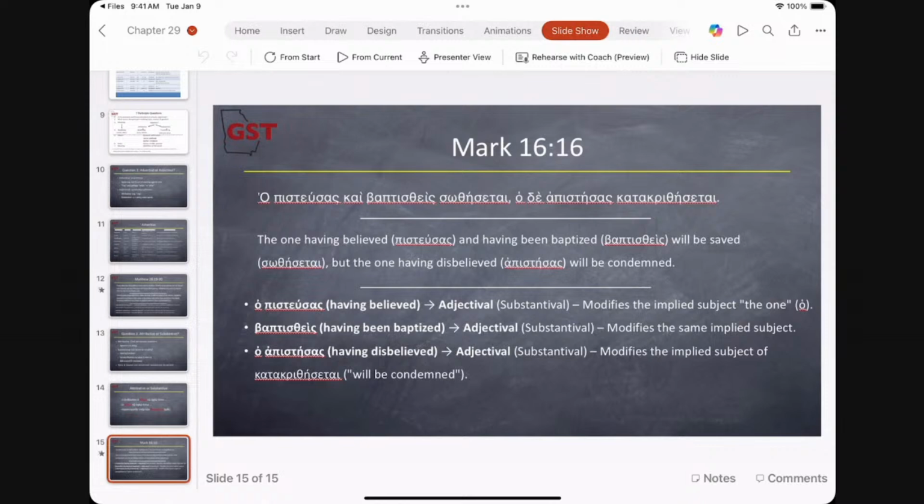If there is an article, it's going to function adjectivally. In other words, it's going to modify a noun or pronoun, and you find the noun just like you do any adjective. It's going to agree in case, number, and gender. But if there's no noun to modify, then it's going to function as a substantive, in other words, as the subject, direct object, genitive, whatever the case may be. That's really the long and short of it.